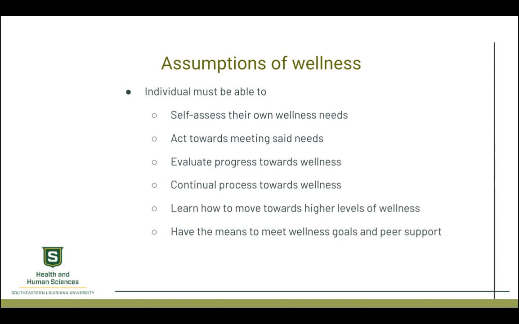Everybody doesn't have the same equal opportunity to meet wellness goals. Some people have more of it and some people have less of it, and being able to be realistic about what you can achieve. Having peer support is one of the things that is very, very critical to work towards achieving wellness. So it's another thing to consider.